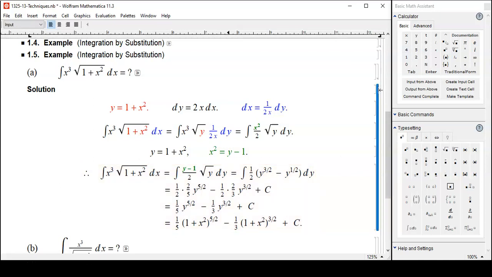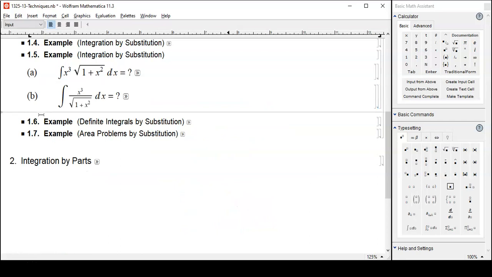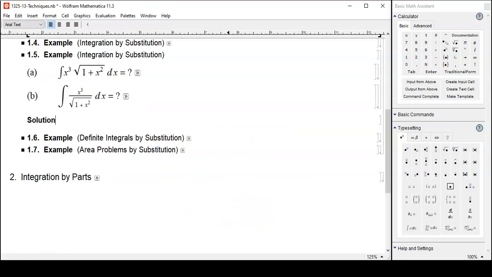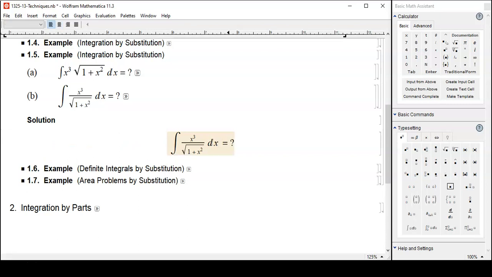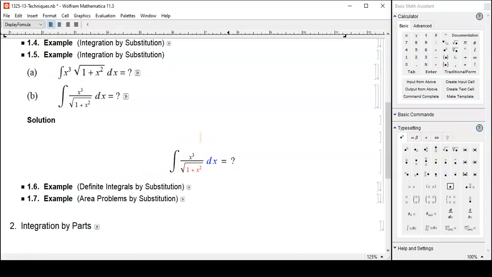Ready for another problem like that? I don't know if we'll have enough time, but let's try. So that's the problem we are looking at. And it's pretty clear this is the inside function. And then dx that we have to substitute. So let's go ahead and do that. Y equals 1 plus x squared.